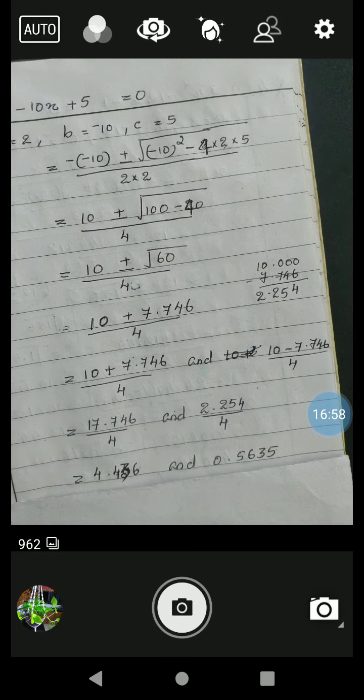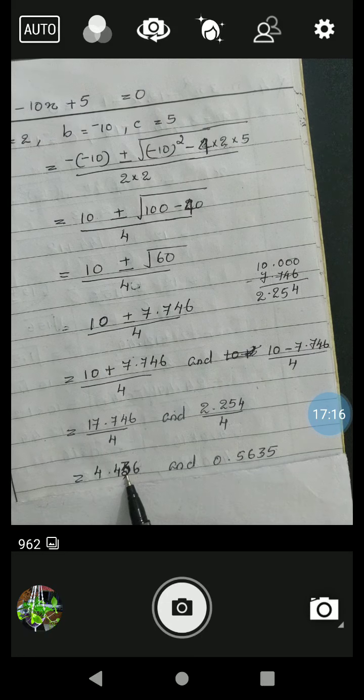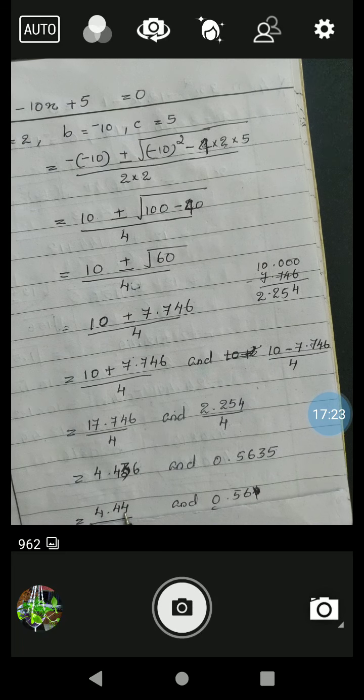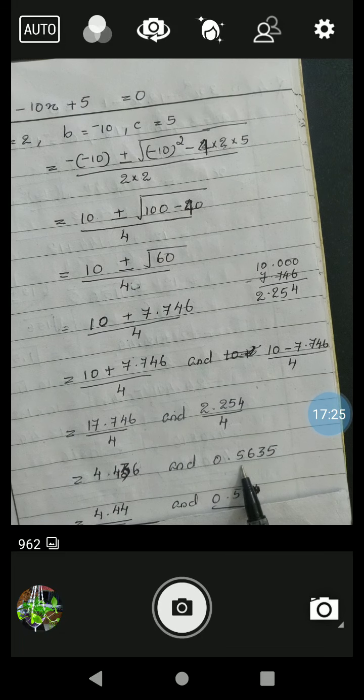And correct to 2 decimal places. Here we can see 3 decimal places are there and the third place is greater than 5. Therefore, we want to add 1 to the previous digit. So the answer is 4.44. Right? And here, what is the answer?